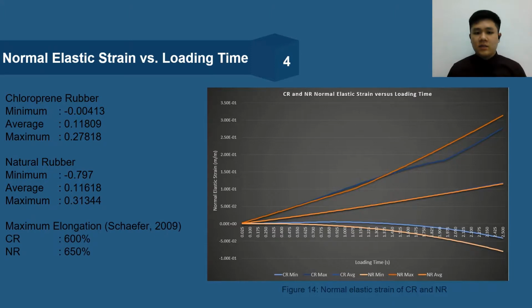NR has the maximum elongation of 650% and CR has only 600%. This indicates that the NR can be stretched longer than CR by 50%. The result of the CR and NR's normal elastic strain from the simulation is also tallied with their mechanical properties.